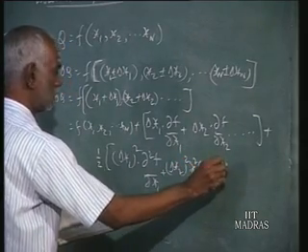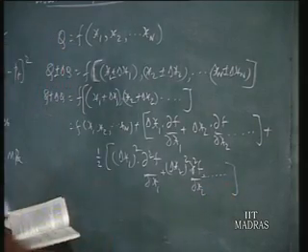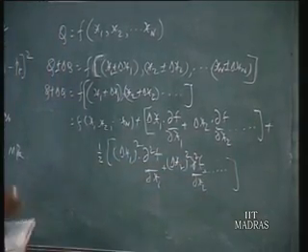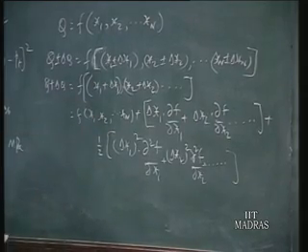It goes for the second derivative, and then plus one third of delta x1 cube, and so on. The Taylor series will be expanding like this.